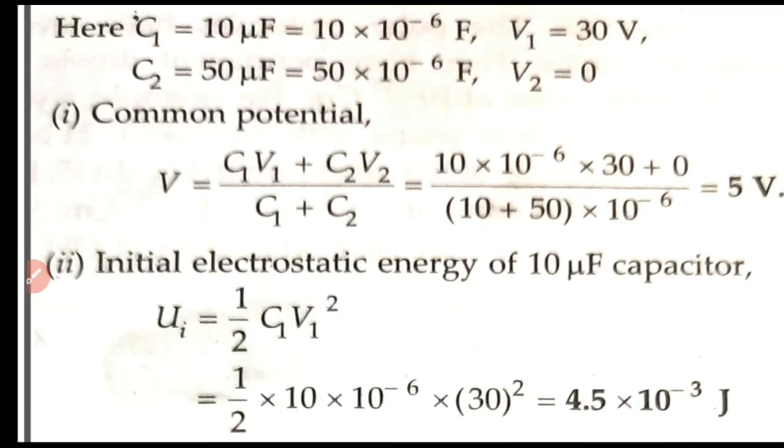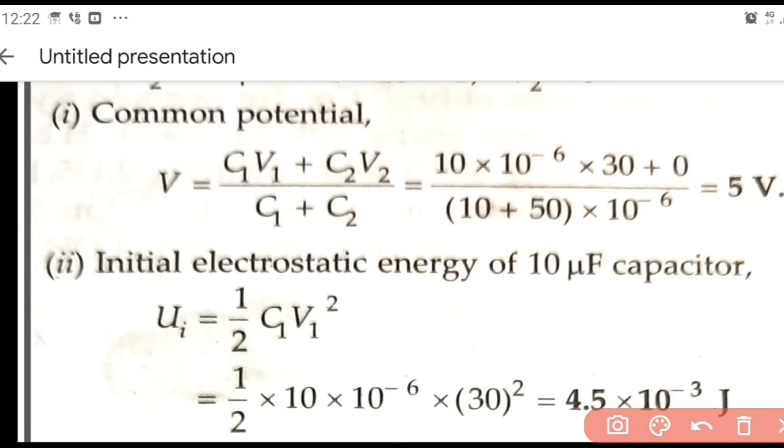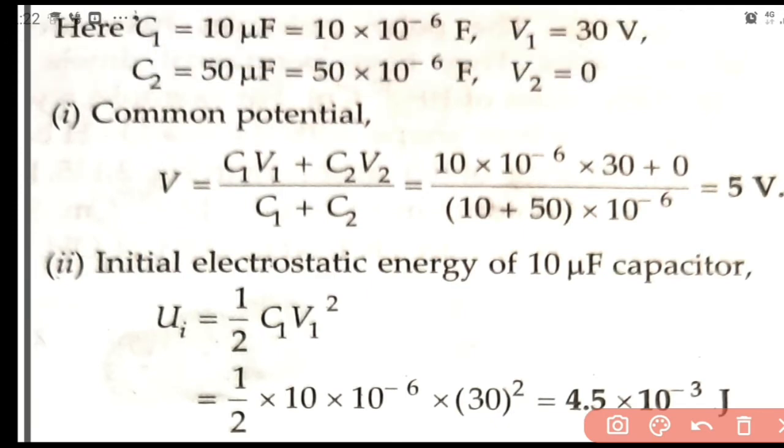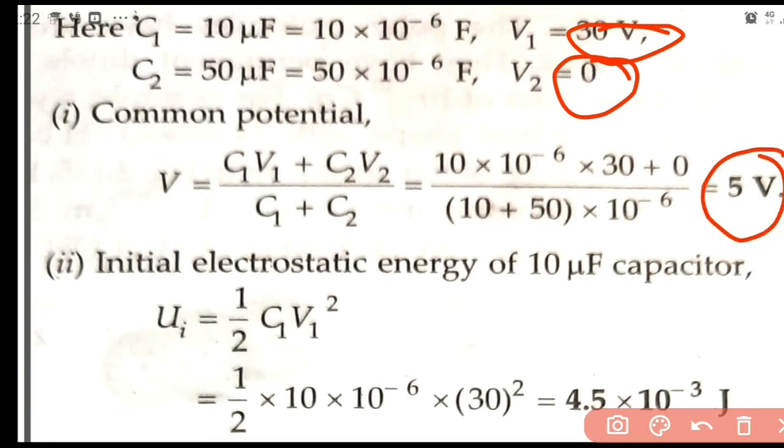An important point to be noted here is that V1 equals 30 volt and V2 equals 0, because the second capacitor is not connected to any source in the beginning. So we get the common potential to be 5 volt.